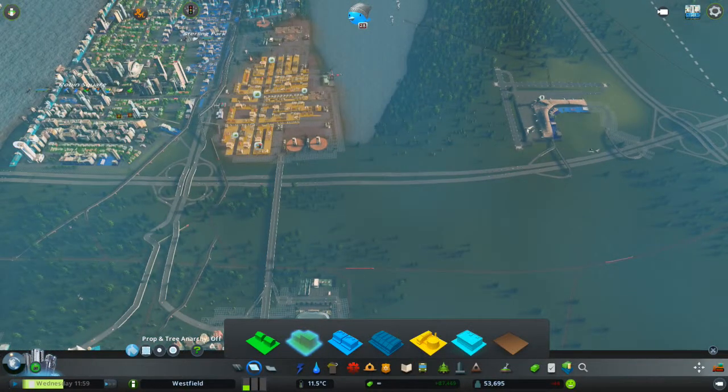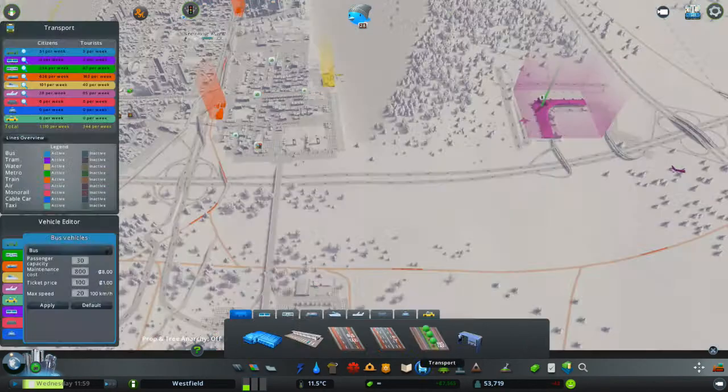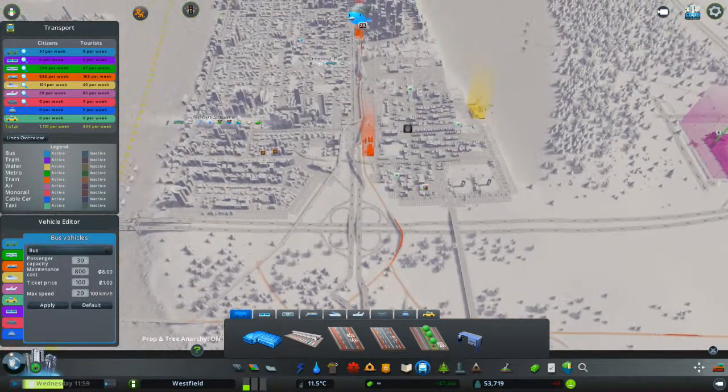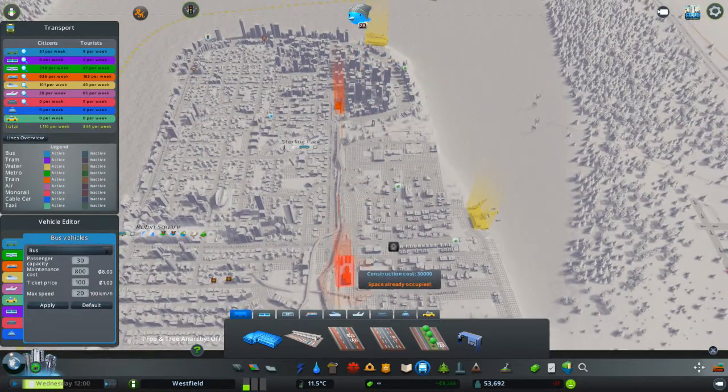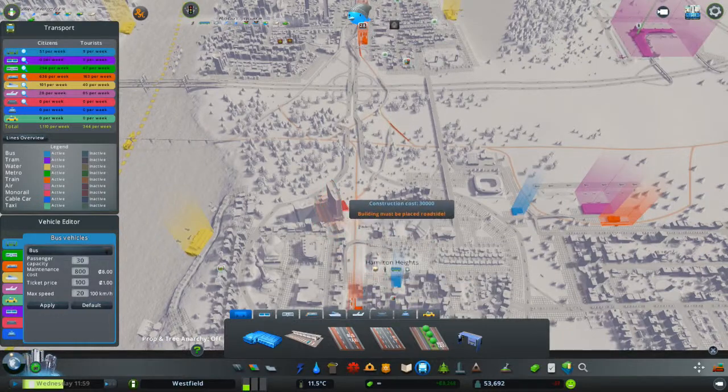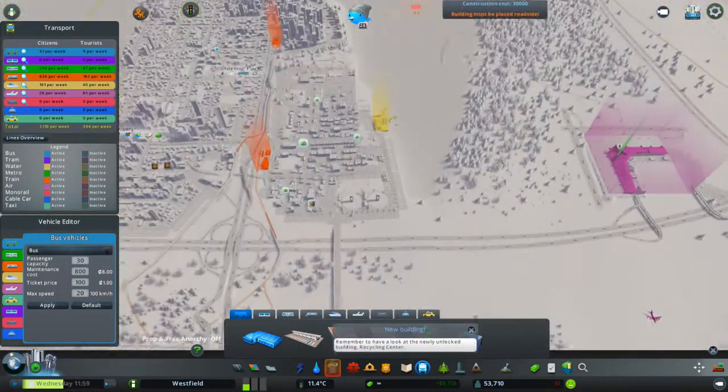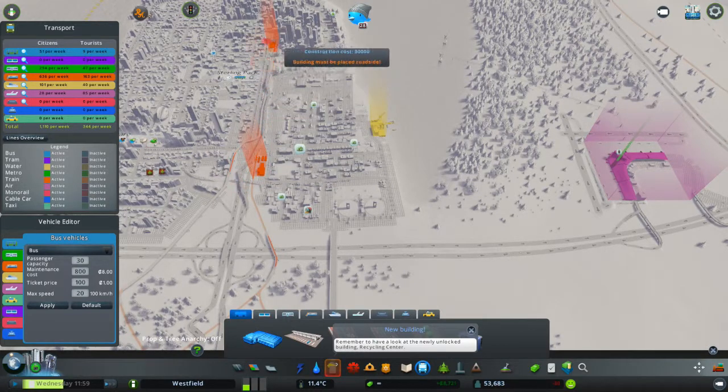Now what I want to do now is look at the transport system. You can see that the only transportation system we've got running here is the railway. That's connected to a station down here and another station up here.